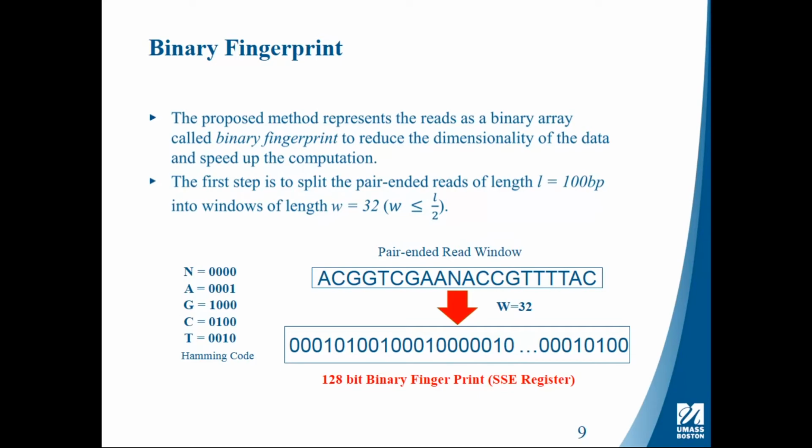You can see in this picture that we divided the read into windows of length 32, and using binary Hamming code, we can convert each 32-length window into a 128-bit binary fingerprint. We can load this binary fingerprint into an SSE instruction and do the calculation in registers, which is fast.